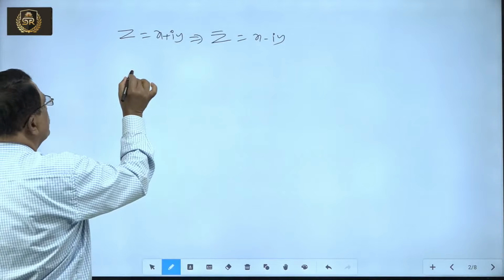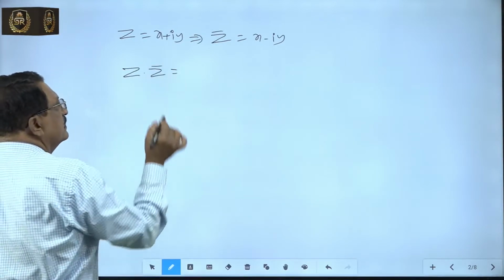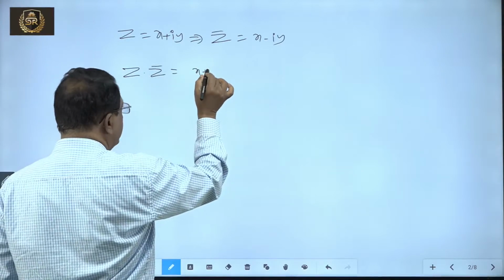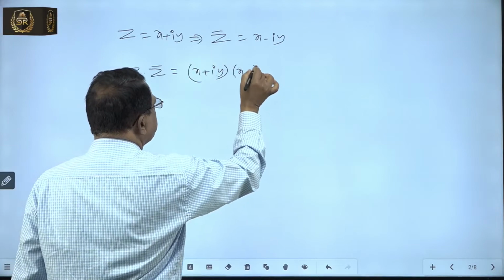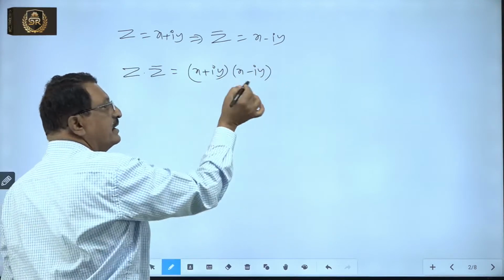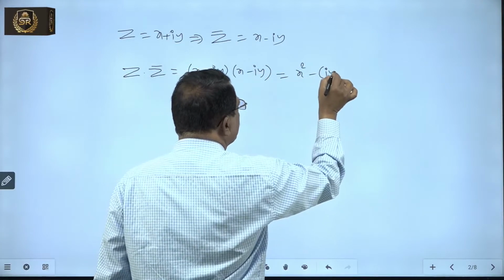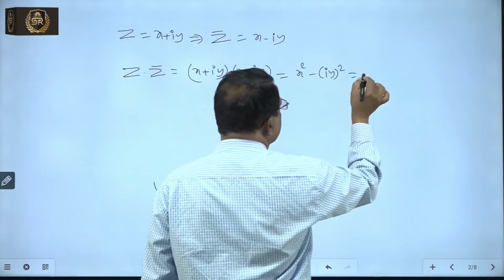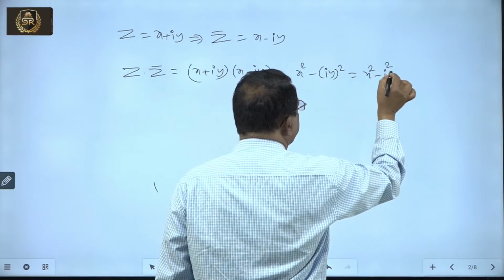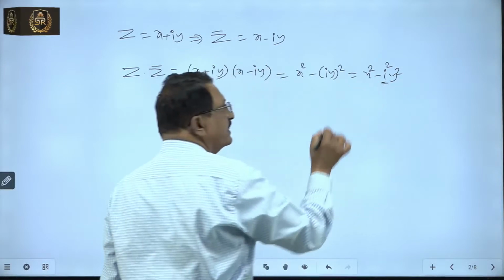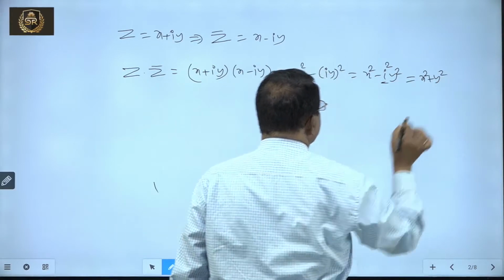Now, z into z bar equals x plus iy into x minus iy. a plus b into a minus b gives x square minus iy whole square, that equals x square minus i square y square. But i square equals minus 1, so that equals x square plus y square.